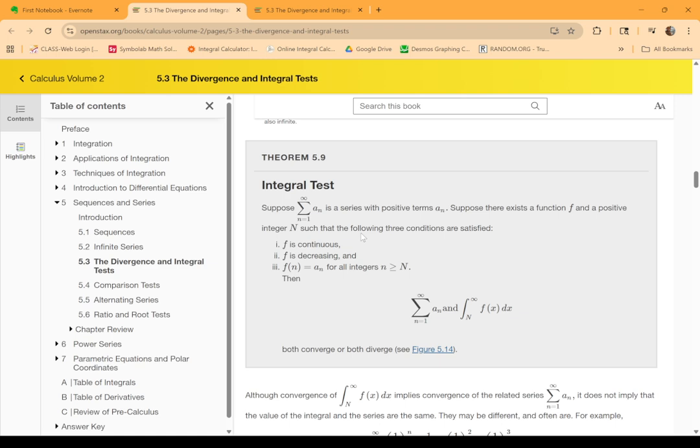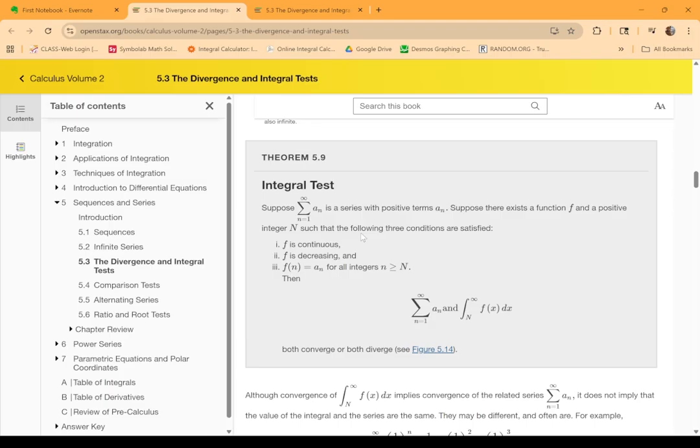And if that's the case, it must follow the three following conditions. f is continuous, the corresponding function, which for our series was f of x equals 1 over x and f of x equals 1 over x squared, on the domain 1 to infinity.